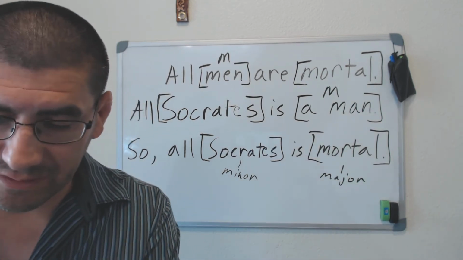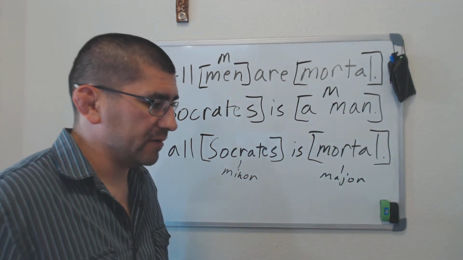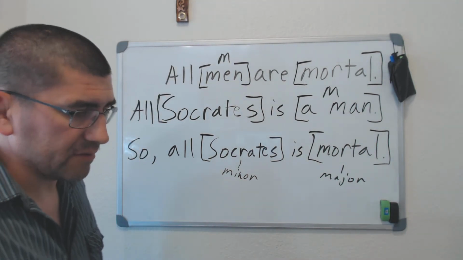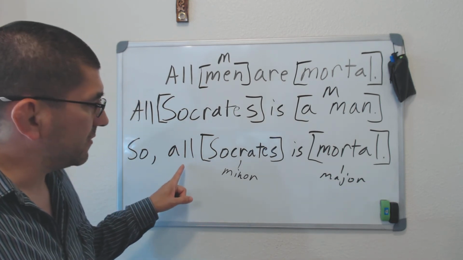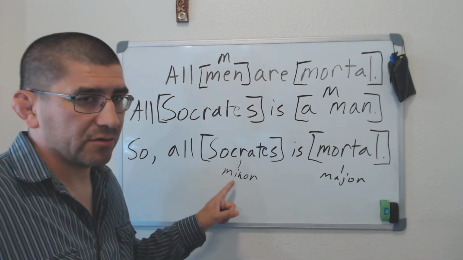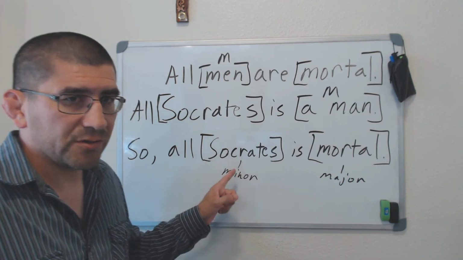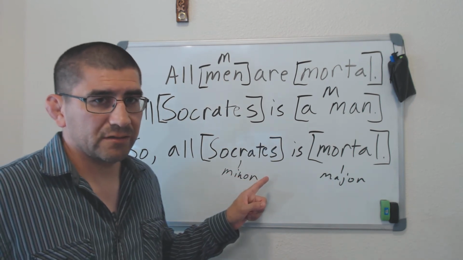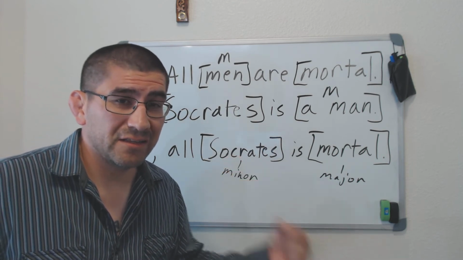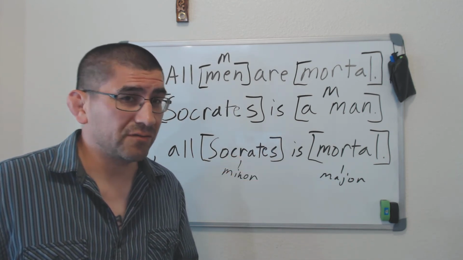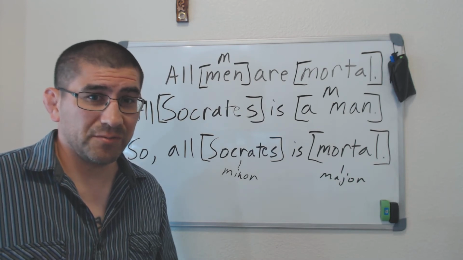How I think about this, and I think it's an easier way to think about it, is this. So I'm going to state it a little different right now. If you have a term that is distributed in the conclusion, it must be distributed in the premise. Wherever it's found, it must be distributed.